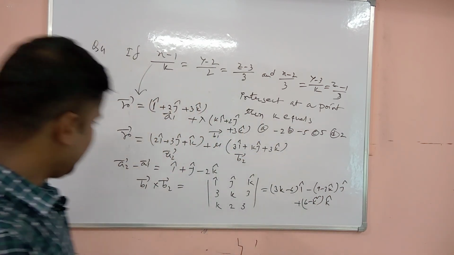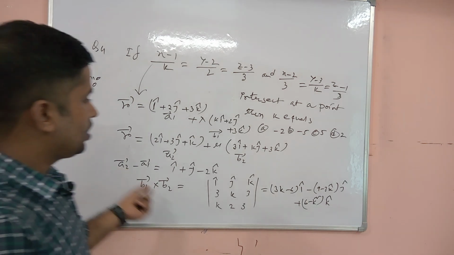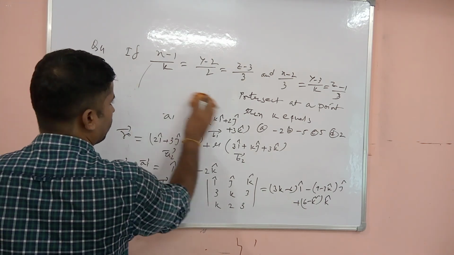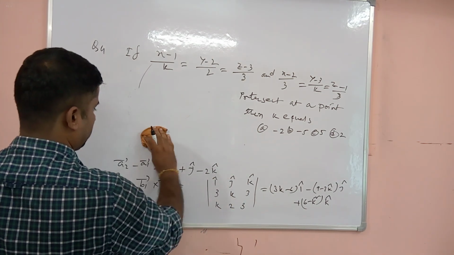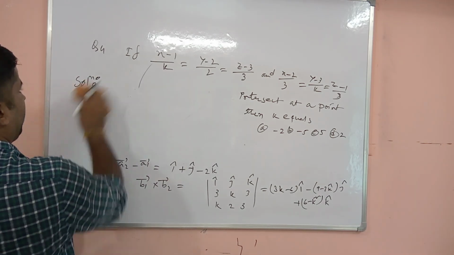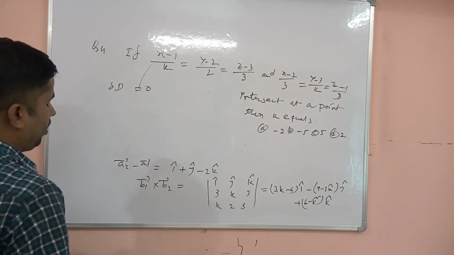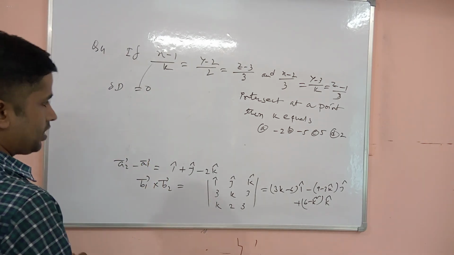Okay. As the shortest distance between them is 0, this dot this is 0. So a2 minus a1 dot b1 cross b2 is equal to 0.